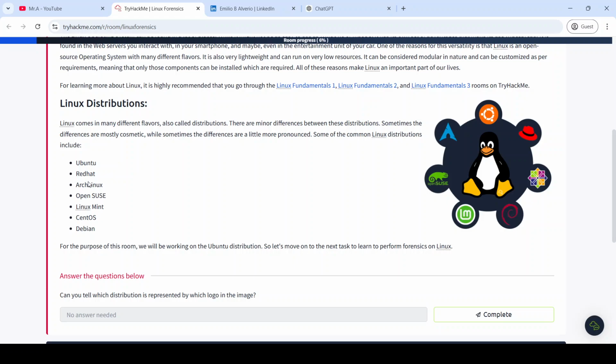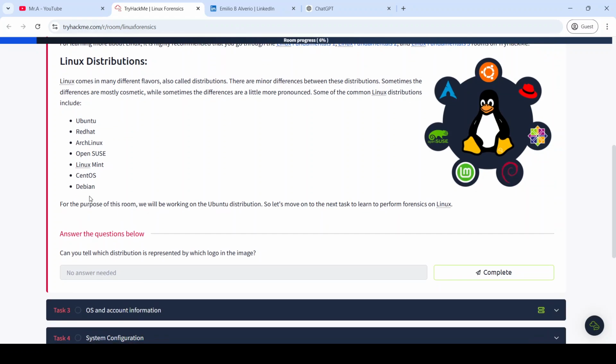Some of the common Linux distributions include Ubuntu, Red Hat, Arch Linux, OpenSUSE, Linux Mint, CentOS, and Debian. For the purpose of this room, we will be working on the Ubuntu distribution. So let's move on to the next task to learn to perform forensics on Linux.